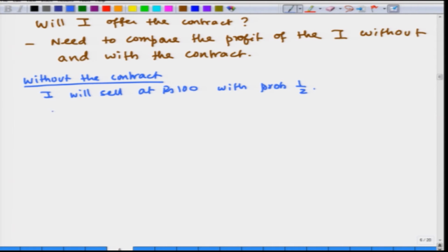So, the incumbent's expected profit is 1/2 times 100 minus 50, because the incumbent will charge the monopoly price, which is equal to the maximum willingness to pay of 100. So, 50 is my marginal cost. So, the incumbent's expected profit is rupees 25.